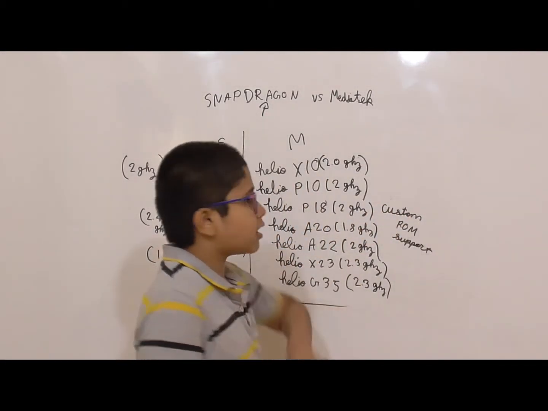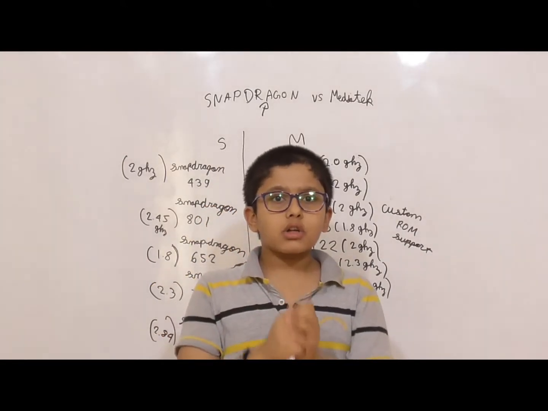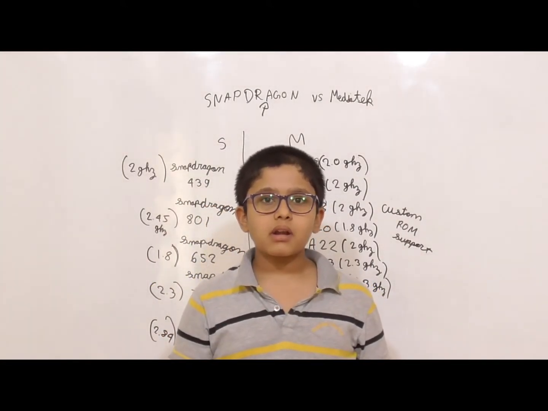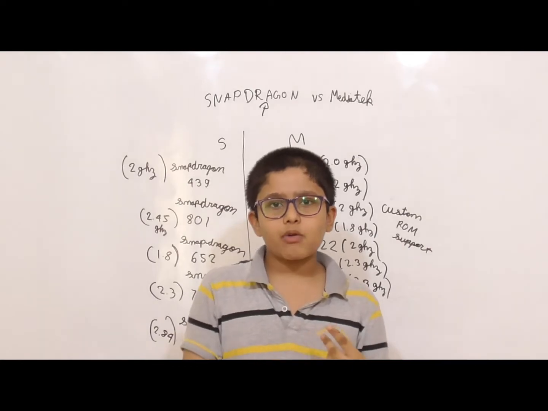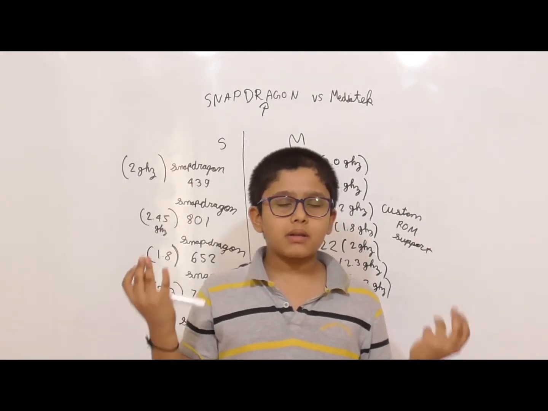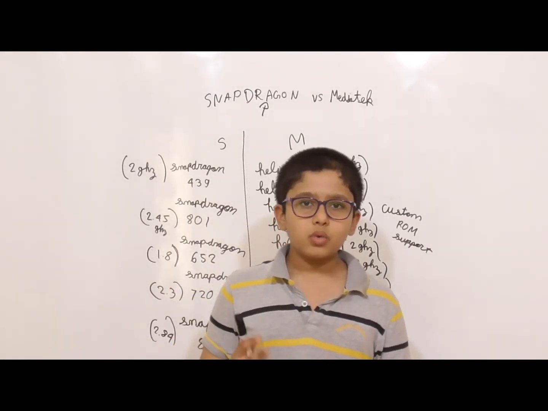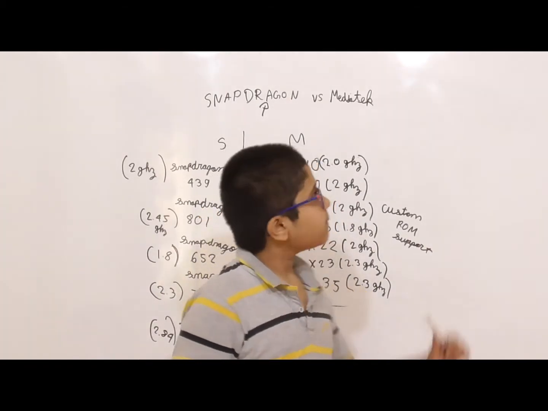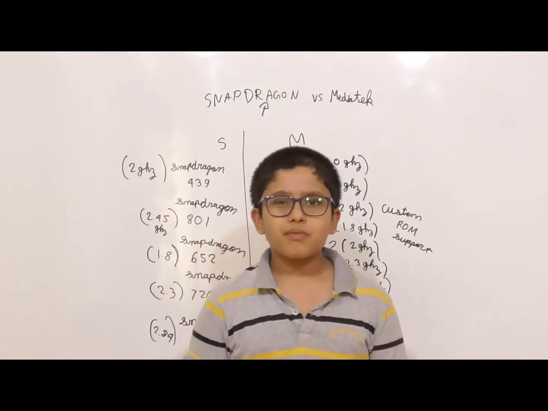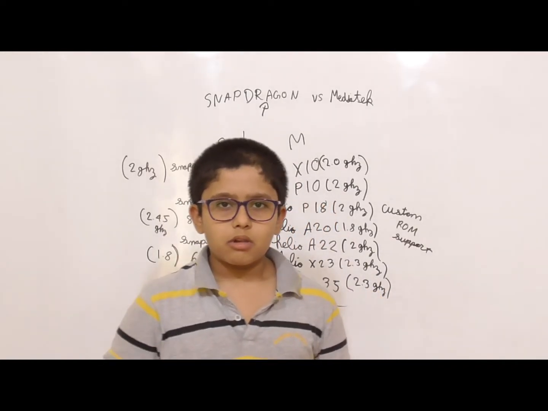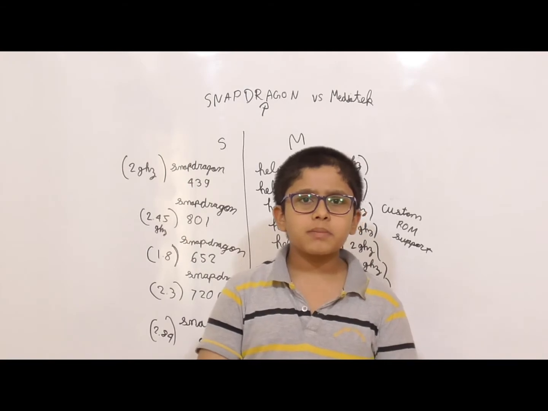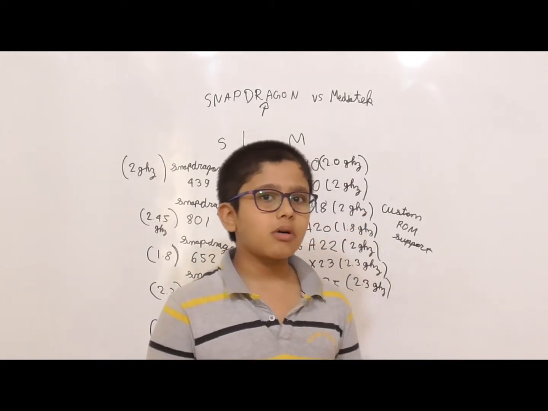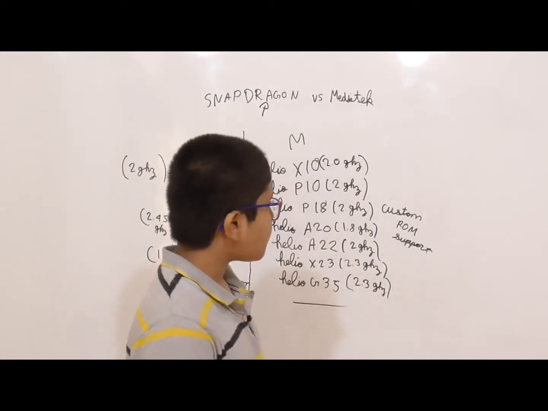Yes, Snapdragon is better because it was launched very early, in 2007, so it is more compatible with Android devices. There are 2 billion plus Snapdragon chipset devices launched in the market, while Mediatek is very low. Only 1000 plus smartphones contain Helio processors, as you can see here.